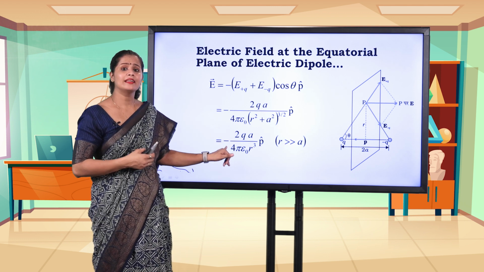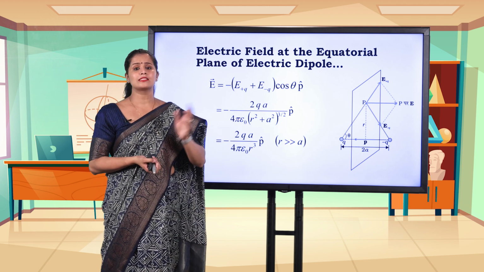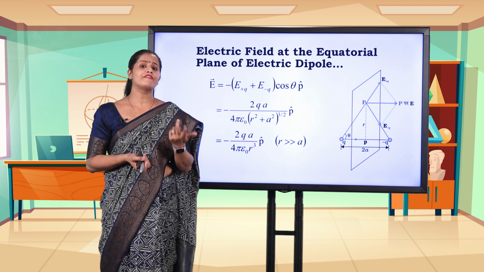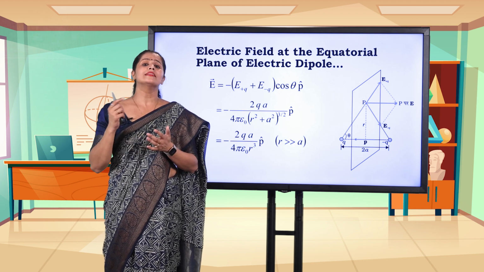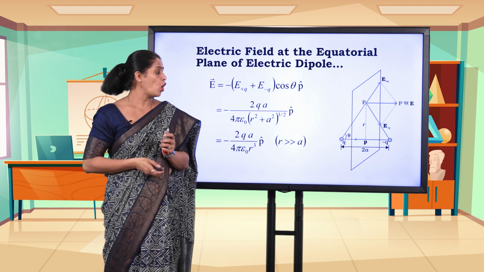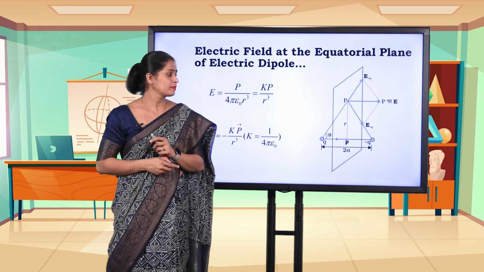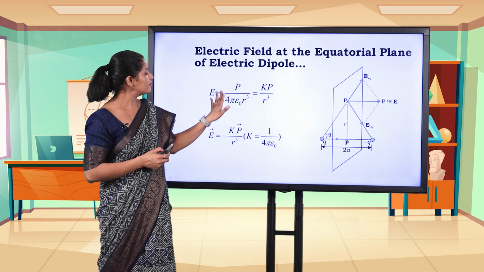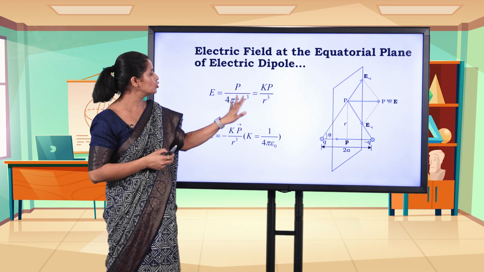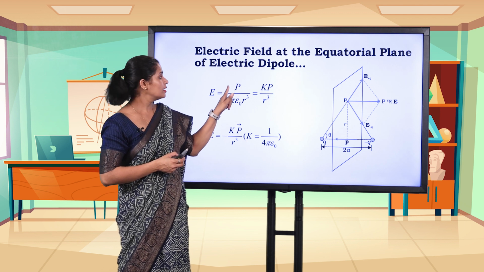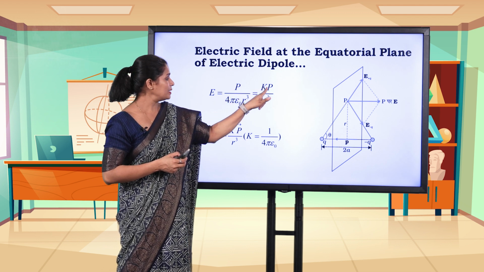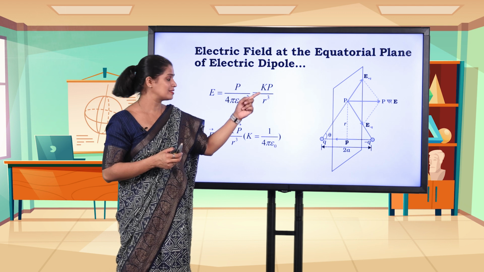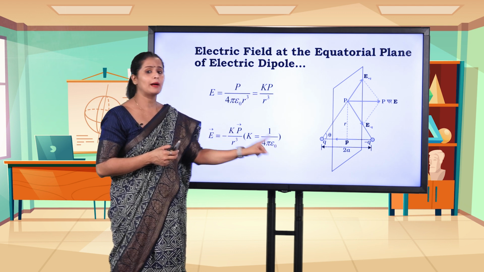This negative sign indicates, as we discussed, that the dipole moment and the electric field are in the opposite direction. Now, the magnitude of the electric field will be 1 by 4 pi epsilon naught p upon r cube, where p is the dipole moment, which is k p by r cube, and here k represents 1 by 4 pi epsilon naught.